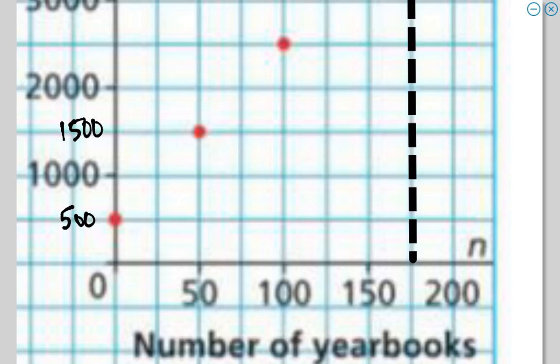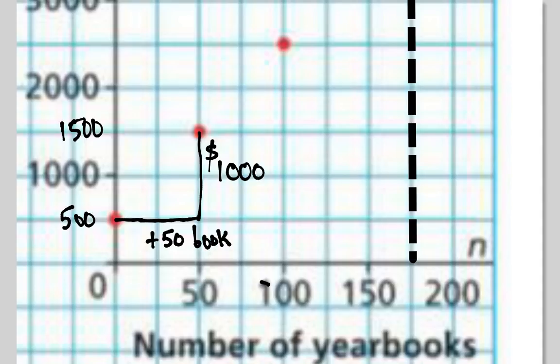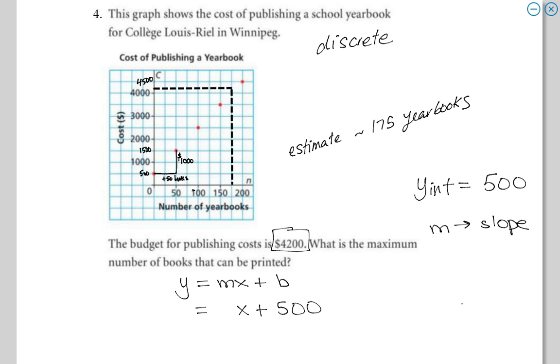Let's zoom in. What's the rate of change? As you go up 50 in the x, you go up how many books? Or pardon me, how many dollars? 1,000. So if you go up 50 books, you have to spend an extra $1,000.